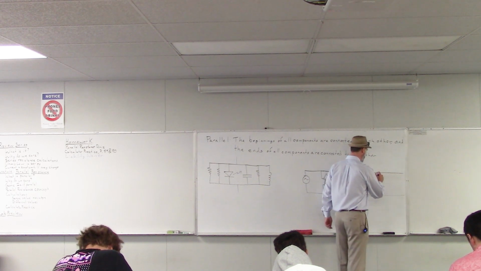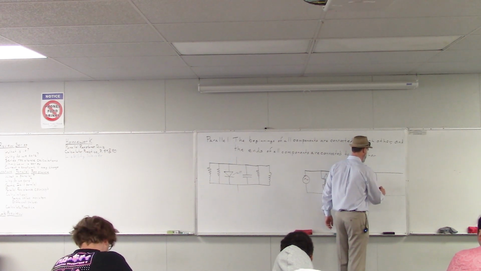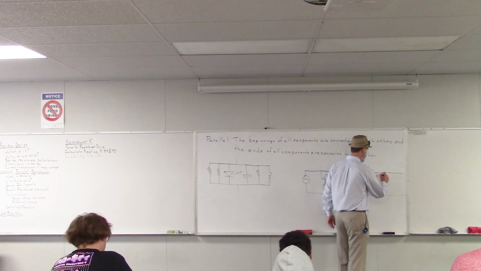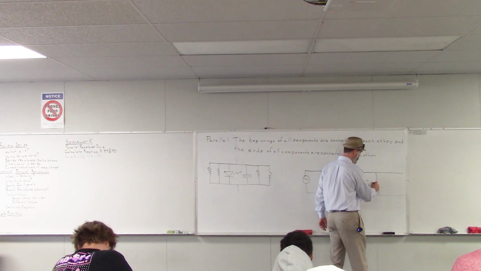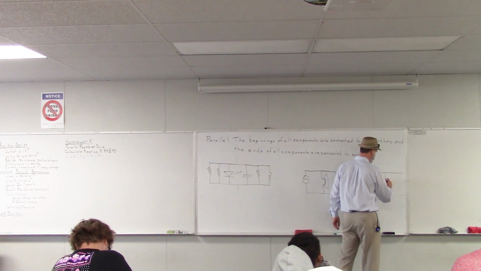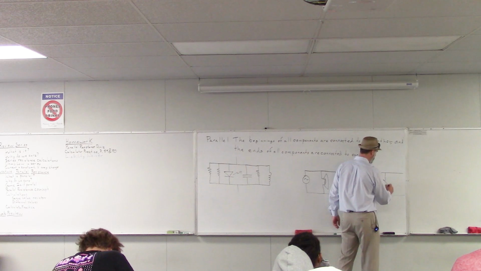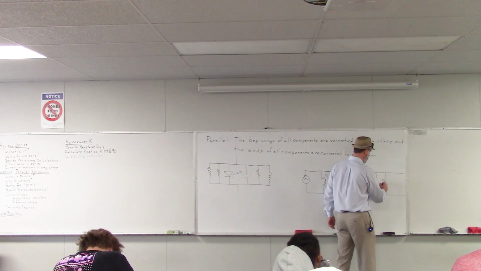So you could have one section in here that has maybe a transistor, and then another section that has, say, an amplifier, and you could have the signal from one going to the next.